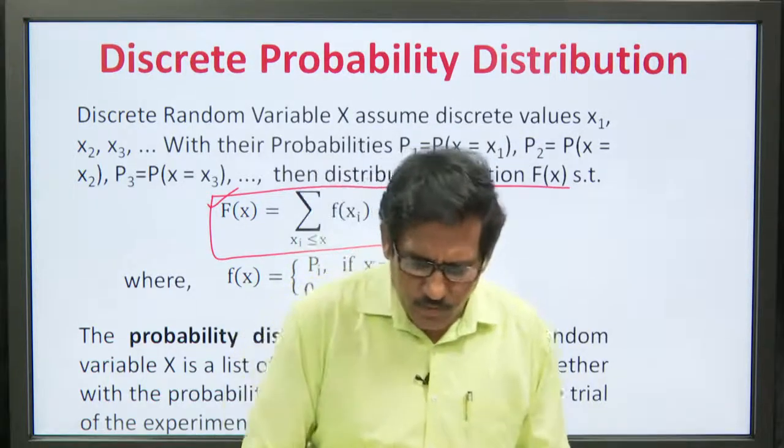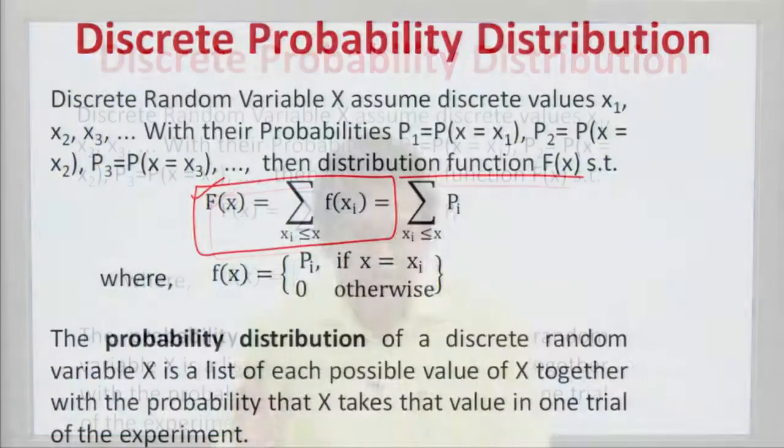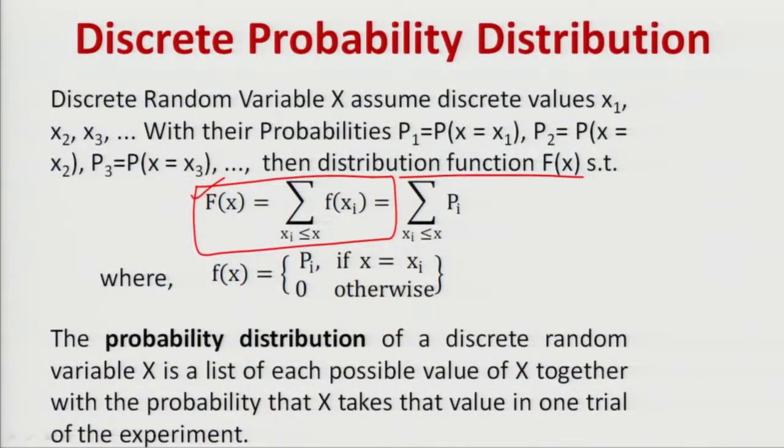The probability distribution of a discrete random variable is a list of each possible value x together with the probability that x takes that value in one trial of the experiment.